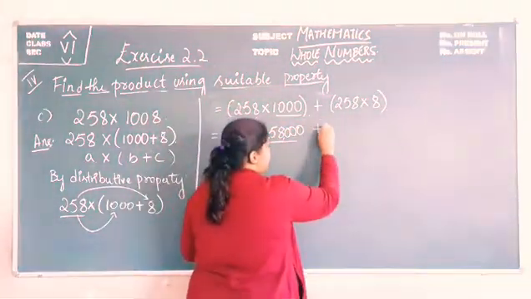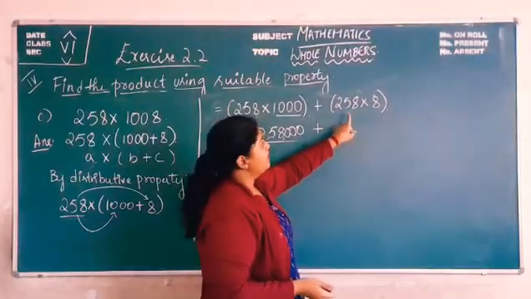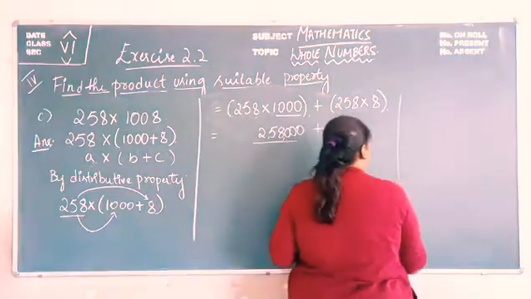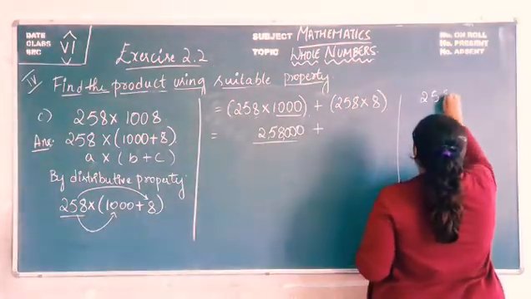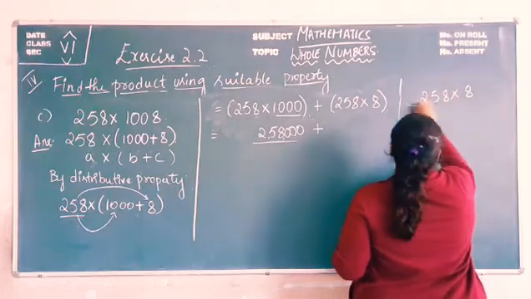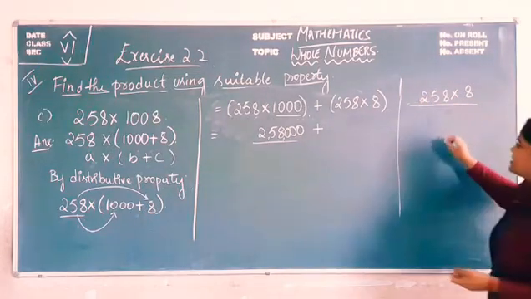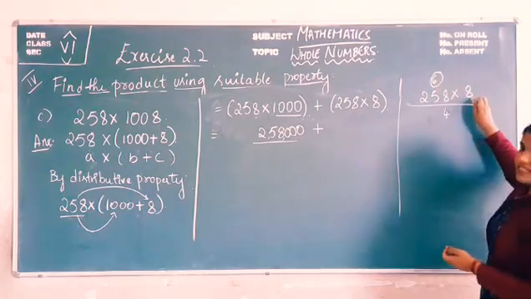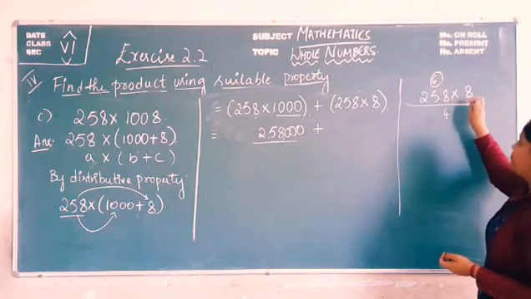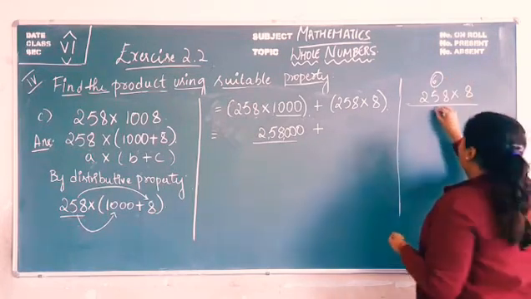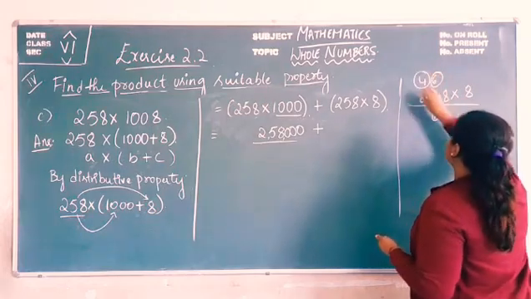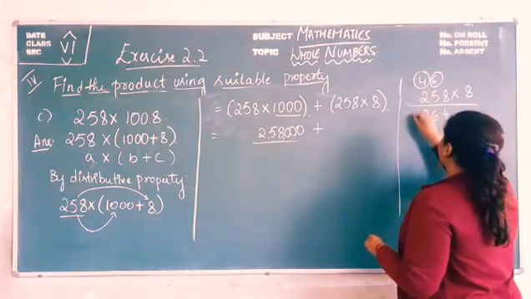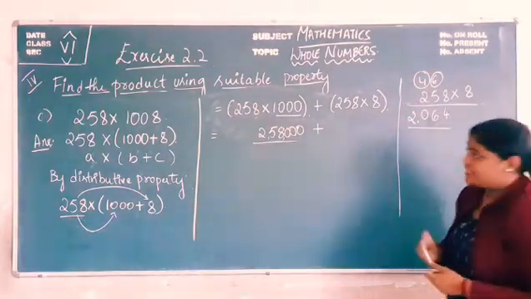We retain the plus sign as it is, then solve the second bracket, which is 258 into 8. 8 8s are 64, so 4 and 6 carry. 8 5s are 40, 40 plus 6 is 46, so 6 and 4 carry. 8 2s are 16, 16 plus 4 is 20.